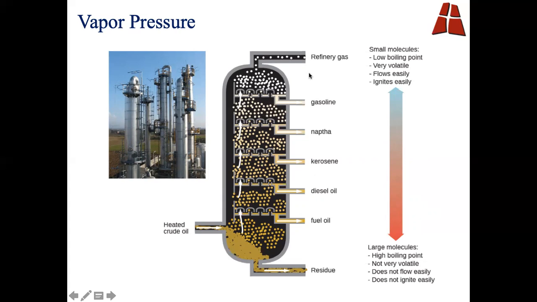So the things that are most volatile essentially go out the top. Otherwise, next we have gasoline, naphtha, kerosene, diesel, other fuel oil, and it all comes in as just crude oil, and then it's eventually heated and separated by its boiling point, essentially, right? So there you go, an interesting application for how vapor pressure might be relevant for society.